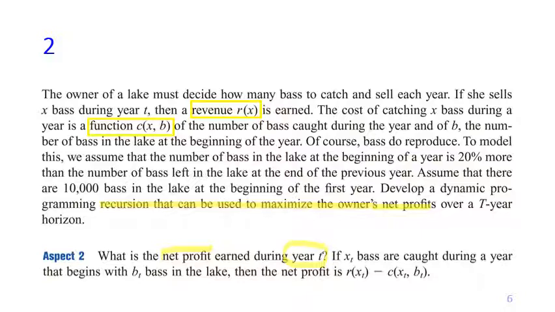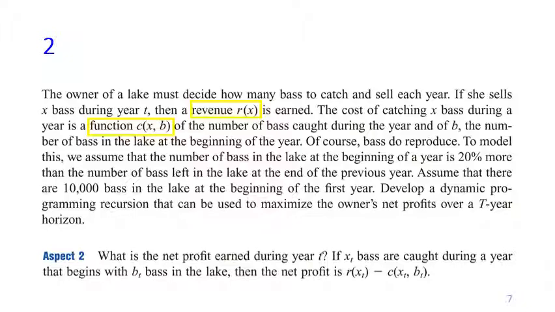So the profit comes from selling the bass, which gives us the revenue of R(XT) minus the cost of catching those fish. So the cost is C(XT, BT), which means that the cost is influenced by how many fish we catch and also by how many fish are in the lake. So the net profit of year T equals R(XT) minus C(XT, BT).